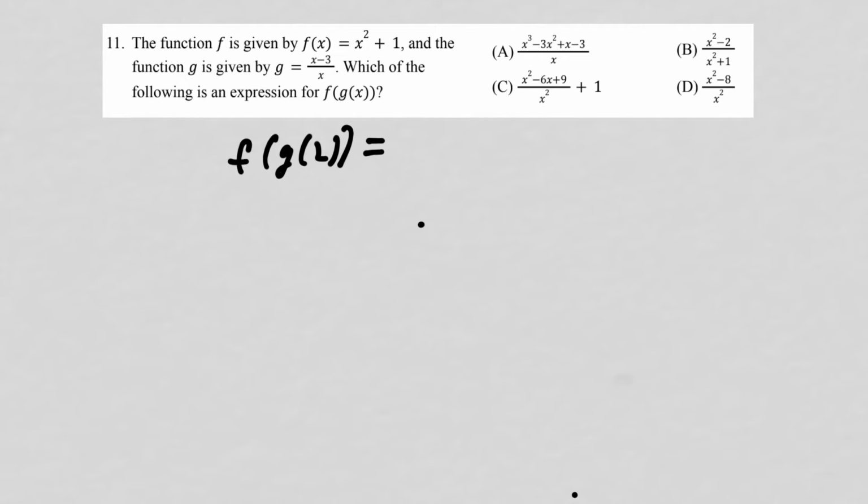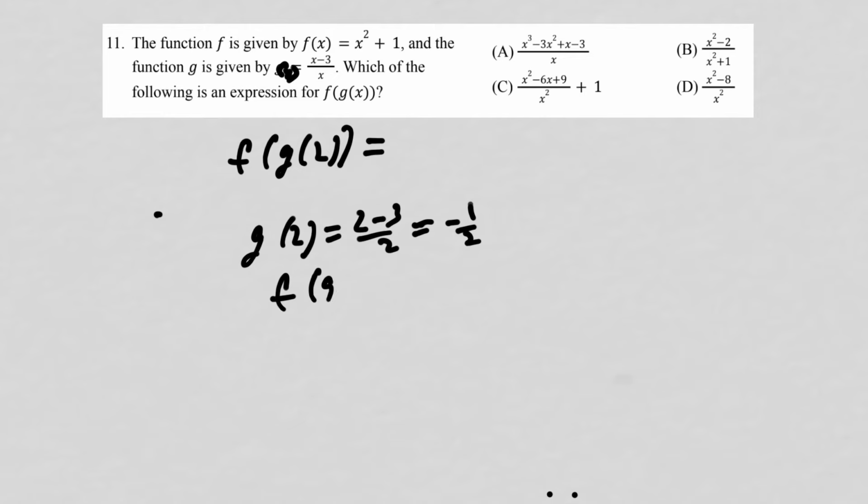So f of g of 2 would be f of g of 2. Anyway, g of 2 is 2 minus 3 over 2, which is negative 1/2.